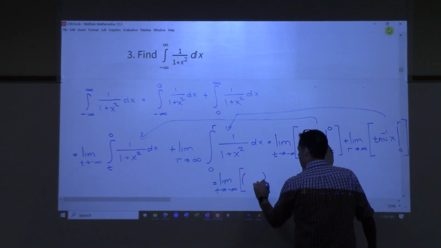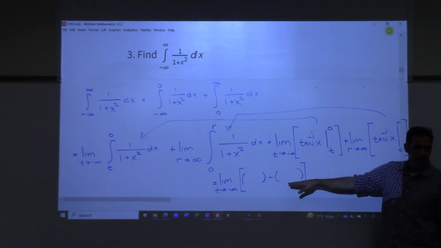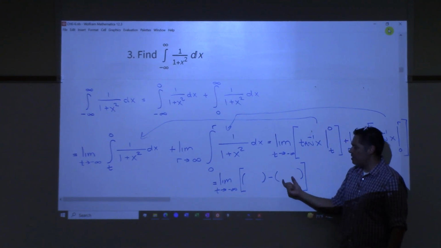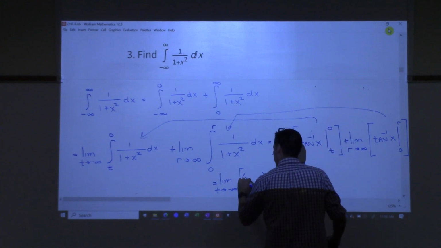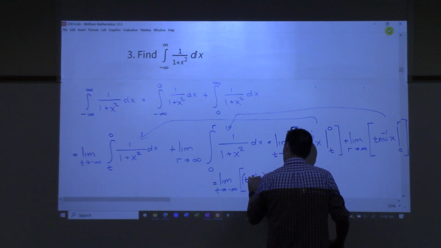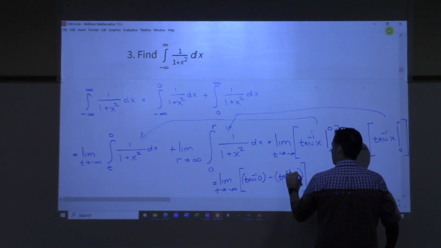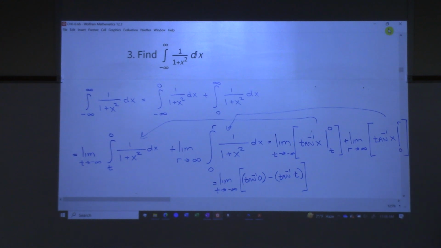So 2 sets of parentheses. This is the standard approach when you're doing the fundamental theorem of calculus. The way I like to do it, parenthesis, parenthesis, subtraction. Plug the 0 in first, inverse tangent of 0. And then over here, inverse tangent of t. So 0 goes in, t goes in for x.